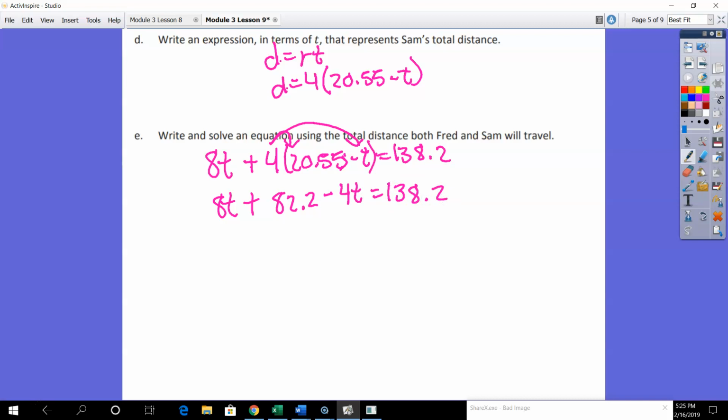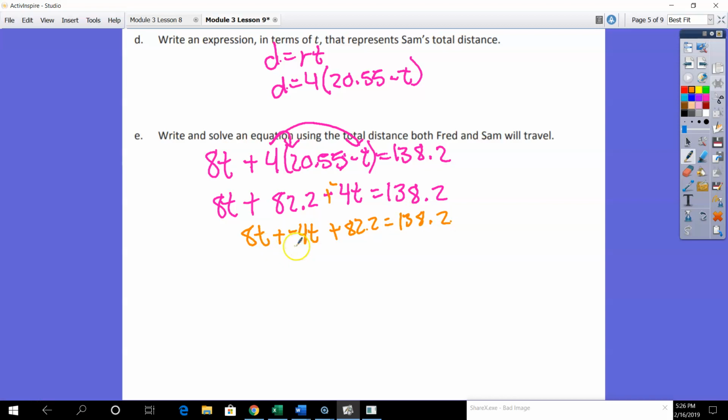Okay. So then we are going to rearrange it. Let's put the t's next to each other. So we have 8t, and then we're taking away 4t, which is the same as adding a negative 4t. So 8t plus a negative 4t plus 82.2 equals 138.2.